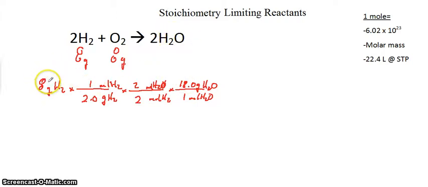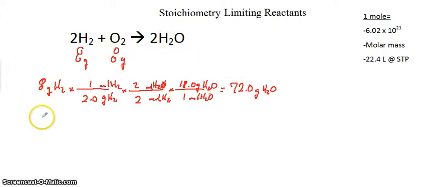So if I do all this, I've got 8 over 2 is 4, times 1 is 4 still, times 18 would be 72, I believe, if I'm doing my mathematics correct. So I'd have 72 grams of water if I reacted all of the hydrogen. That's assuming it all reacted. I had plenty of oxygen, I had unlimited oxygen. I could produce 72 grams of water.